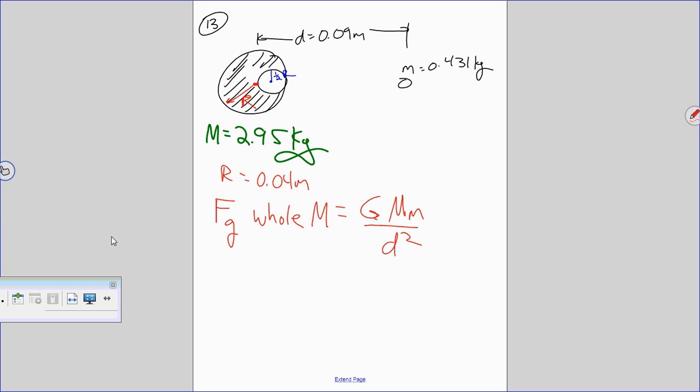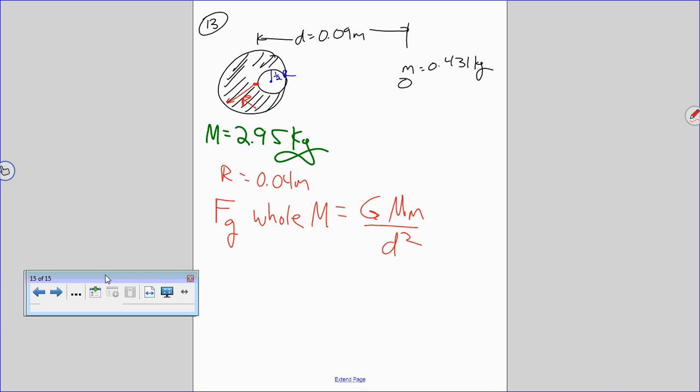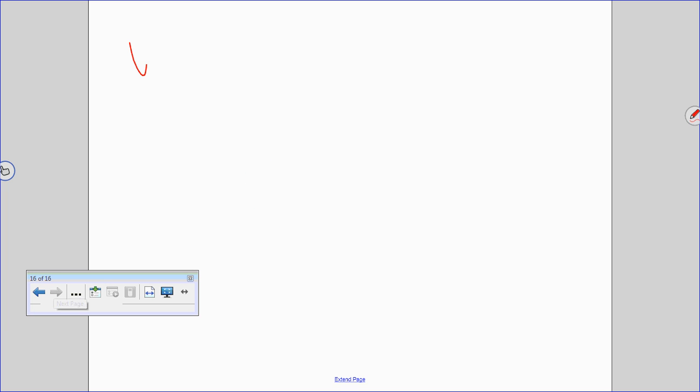So here was what I did. Do you guys agree that if I can find out what percentage of the volume this is, that'll also tell me the percentage of the mass? Makes sense? So let me do this. We'll go to a new page real quick. So the volume of the whole over the volume of the missing piece. Oh no, I'm sticking with this notation.